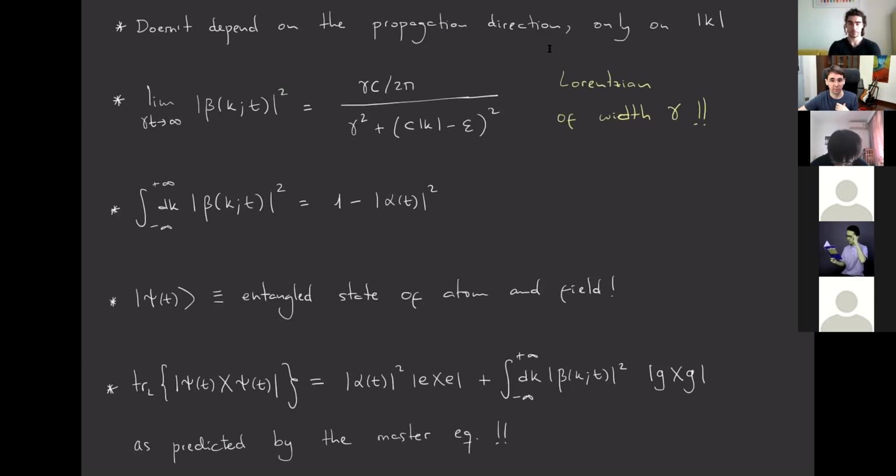So we see that when you solve the full problem, without tracing out the environment, okay, you get a pure state, which is precisely the state predicted by the master equation when you trace out the environment, okay?